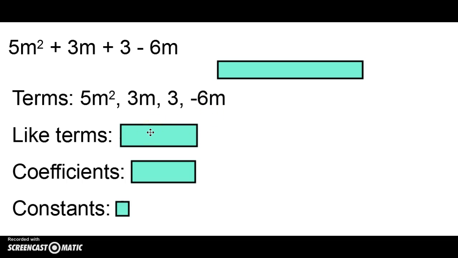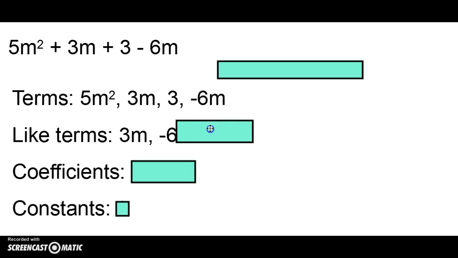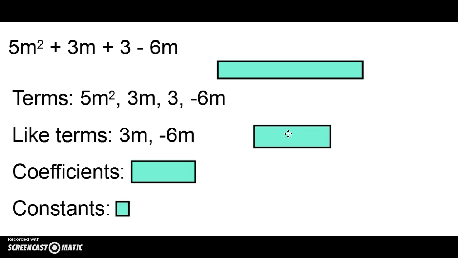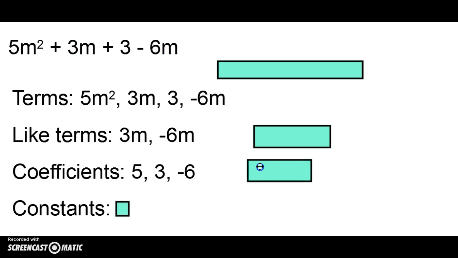The like terms, here there's only two, 3m and negative 6m. The coefficients, remember, are the numbers that come in front of any variable, so a 5, a 3, and a negative 6. And the constant, only that 3 by itself there.